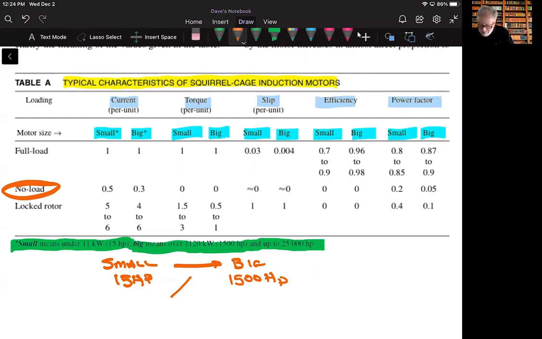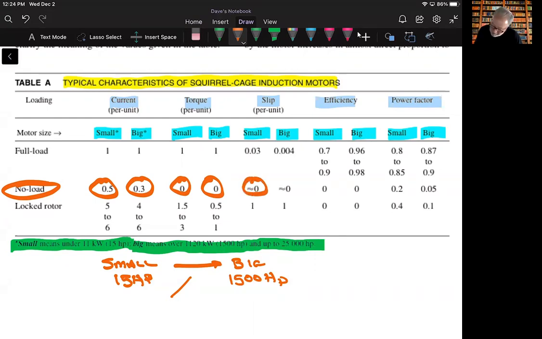To put that in a different vocabulary, the small motor uses about 50% of the full load current at no load. The larger motor uses less than that. The torque, of course, since there's no load connected to it, is zero. There's nothing to look at there.